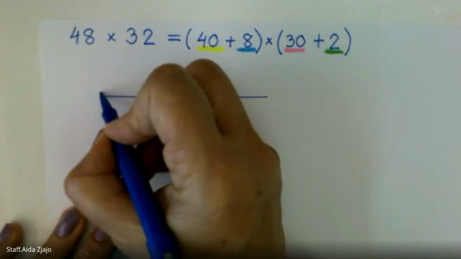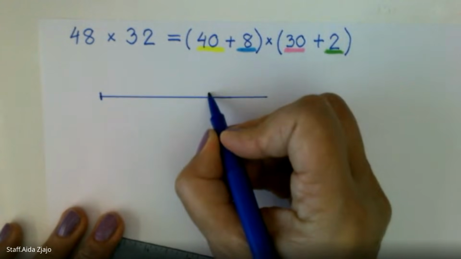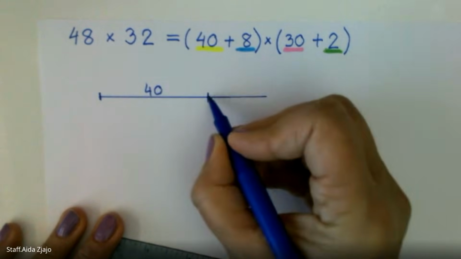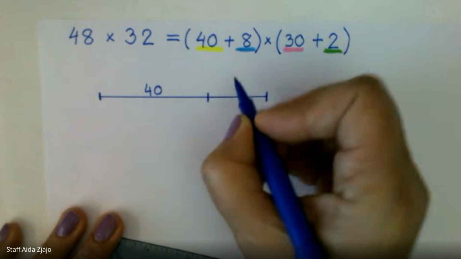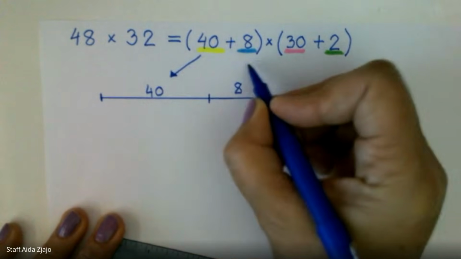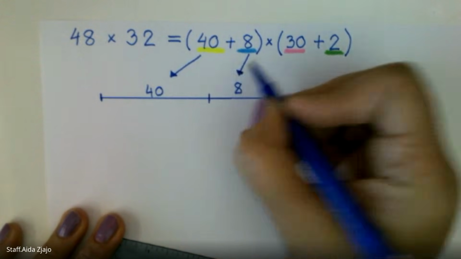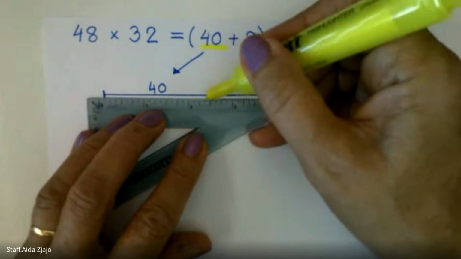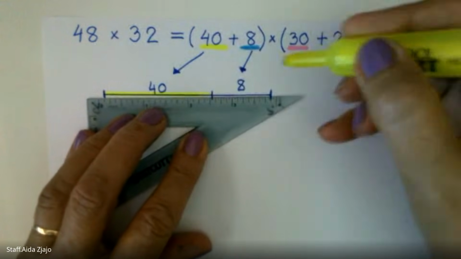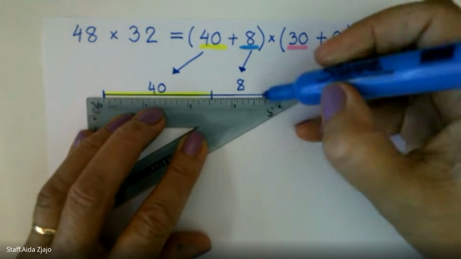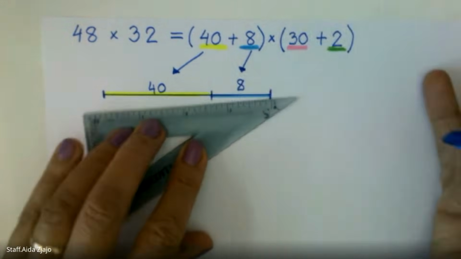So I'm choosing this part to be 40, and from here to here, I'm going to have 8. So now you know where those numbers come from. I'm also going to label them with my colors, and I need the blue. So 40 plus 8 is 48.